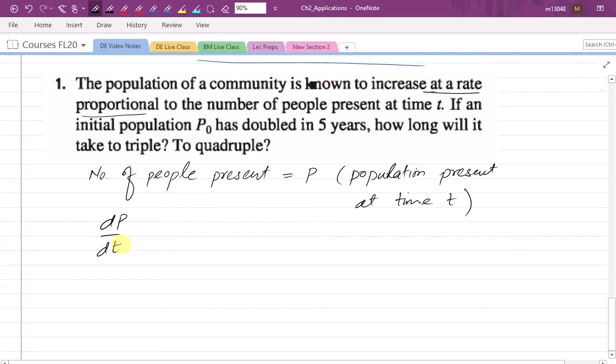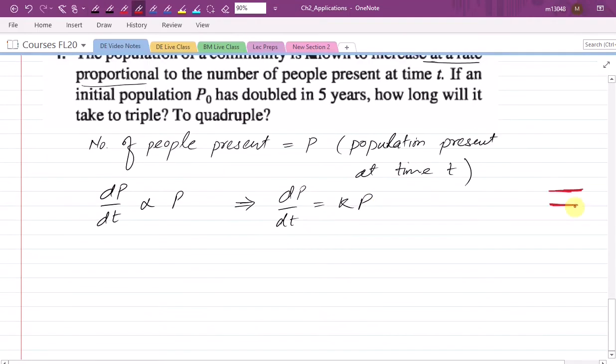That's the rate, and it is proportional to the population present. So dP by dt is proportional to P. Okay, the rate of change is proportional to the population present. Now we use a proportionality constant to write it in equal form. So let's say k is the proportionality constant. So now we have our equation.